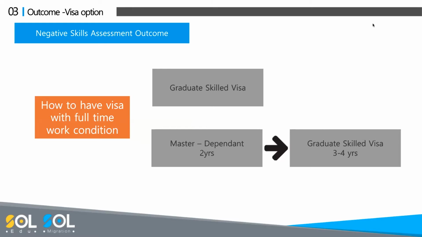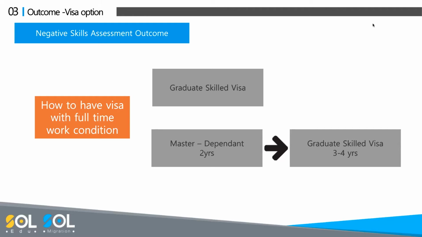And then if I got a negative outcome, then I cannot apply the skill assessment and I cannot apply for the employer sponsorship. That's what I can do. So again, I have to think about another study, right? If you don't want to study, then I think there is no opportunity, so you should just extend the visa, then go back to your home country.